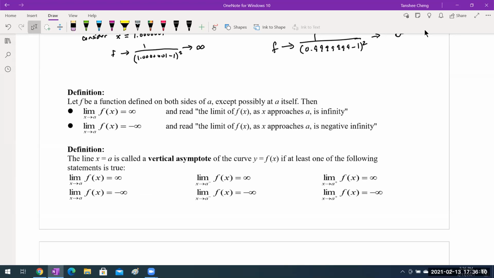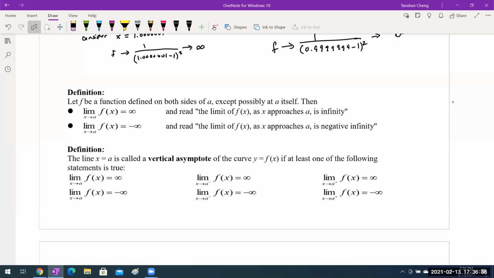So now what we can do is we can relate this to what we learned in algebra, right? For vertical asymptotes with the limits. The way that we read right here is: limit as x approaches a of a function, the limit is equal to what?